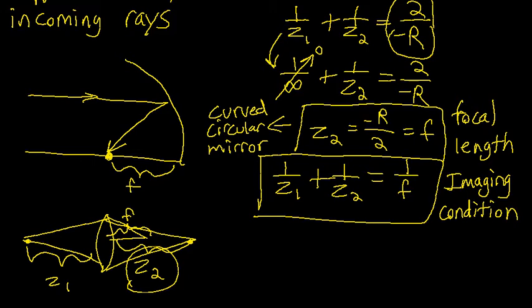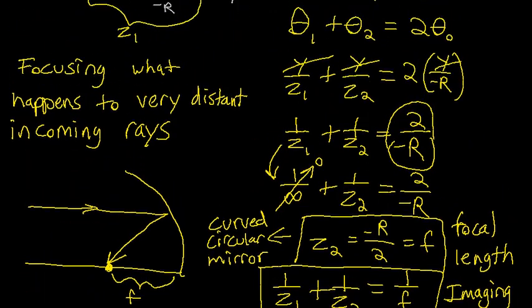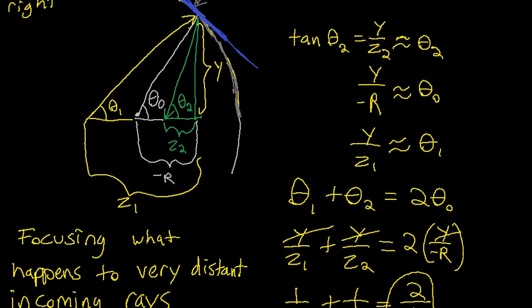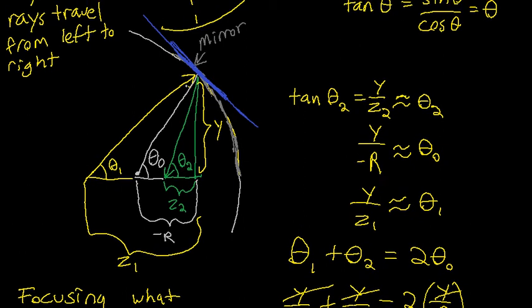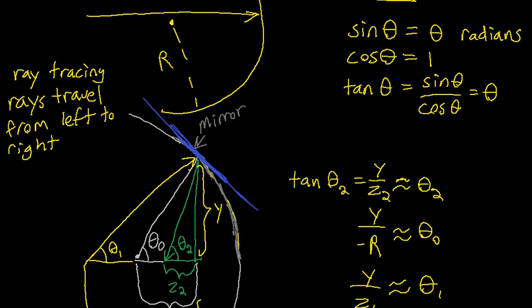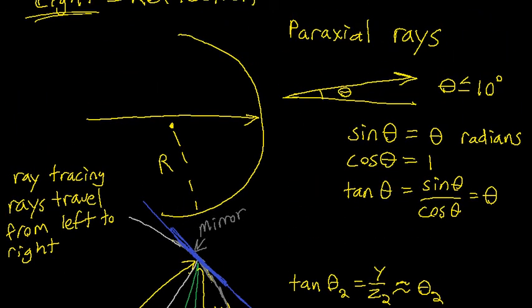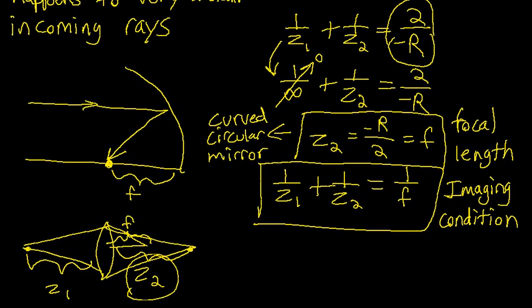And those are the two important takeaways from this particular lesson. By taking reflection of equal angles, and the fact that you're using the paraxial approximation, you are able to come away saying we have an imaging condition and we also have a particular focal length.